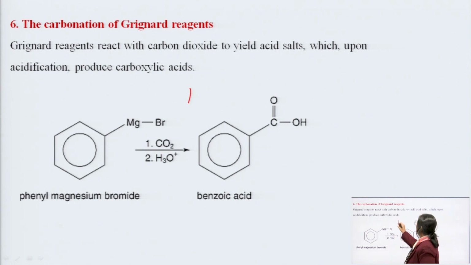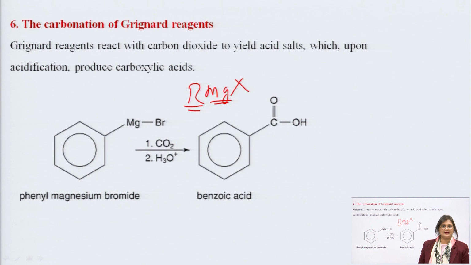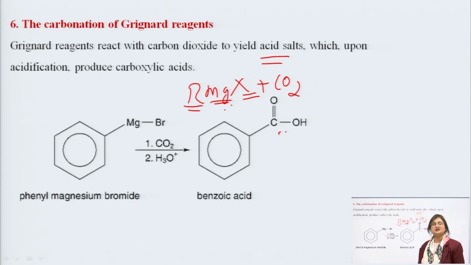So, RMgX, where R is an alkyl group, Mg is the magnesium atom, and X is the halogen. So, RMgX is the Grignard reagent. They react with carbon dioxide to yield acid salts, which upon further acidification produce carboxylic acids.